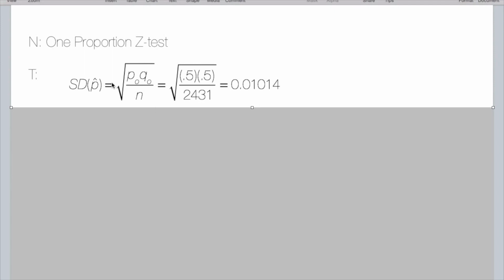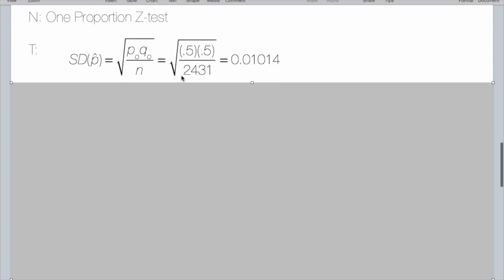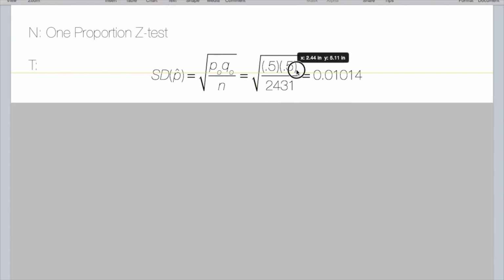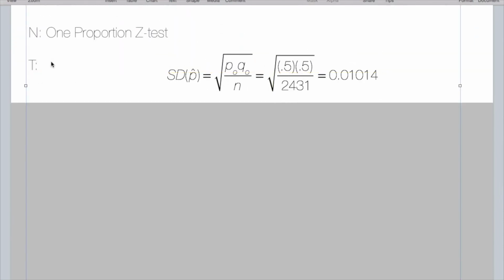I'm sorry, not for the z-score, but for the standard deviation, just because I want to make sure you remember that. And so I'm going to type in, because I totally forgot to do that, the z-score for this problem. I believe it was 4.2. So the test statistic is z equals 4.20.